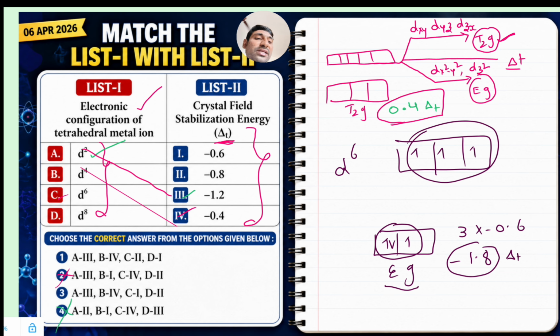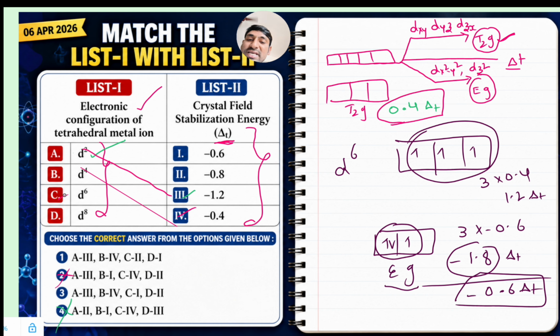Now here 3 electrons are entered into T2g, so 3 into 0.4, which is 1.2 delta T. The resultant is the difference between minus 1.8 and plus 1.2, which is minus 0.6 delta T, guys. So for C option 1, for A option 3, for B option 4, for C option 1. That means the answer is option 3, guys.